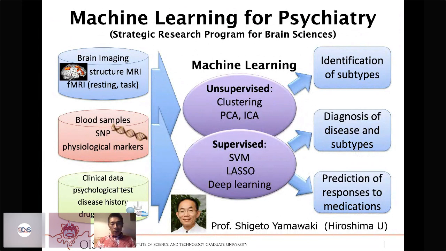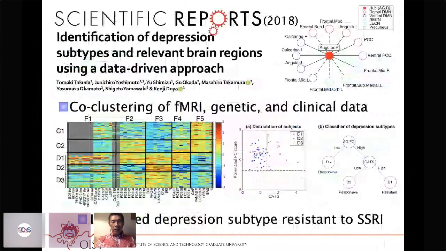There have been many studies going on in this program. One recent report from our lab applied an unsupervised learning paradigm called multi-view co-clustering to different data, including functional MRI and genetic and clinical data.